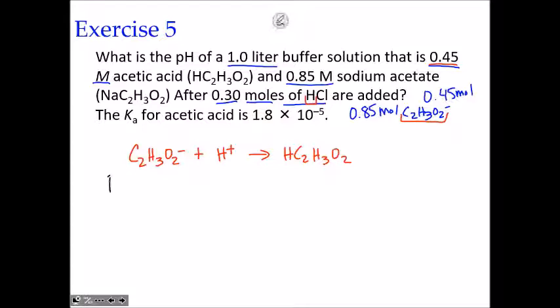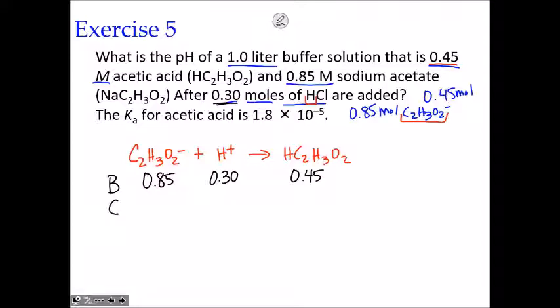So before, right here, we have 0.85 moles of our acetate. We are attacking it with 0.30 moles of the H plus, and we have 0.45 moles of our acetic acid in solution here.